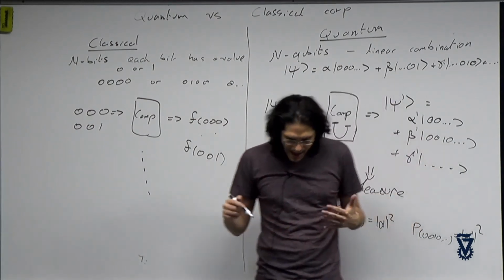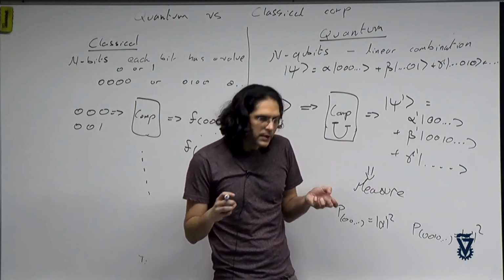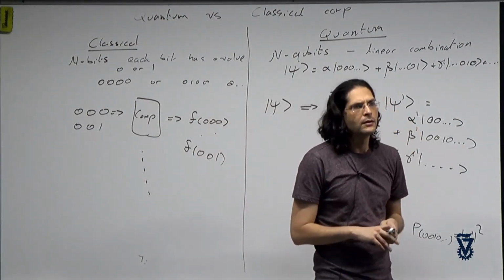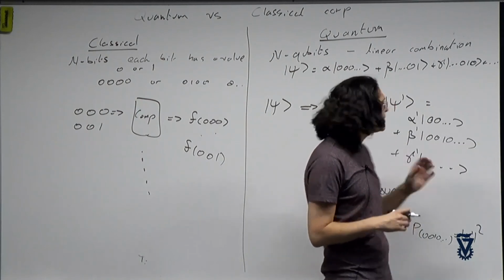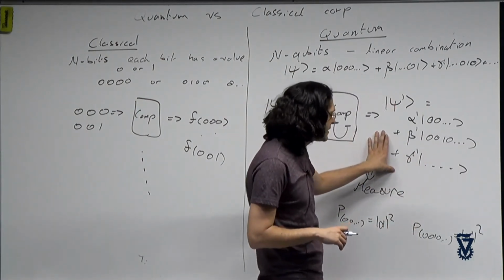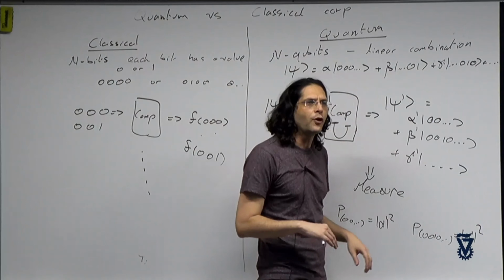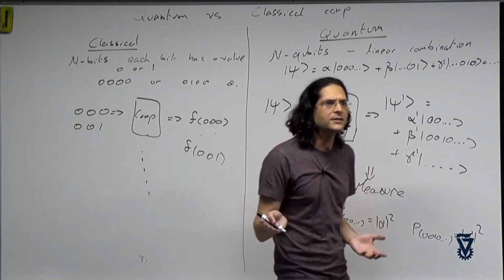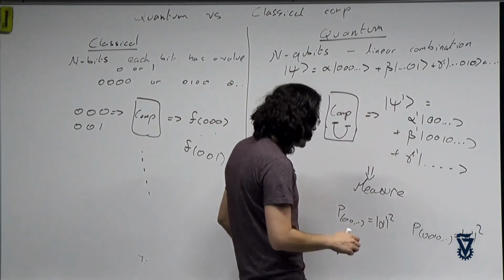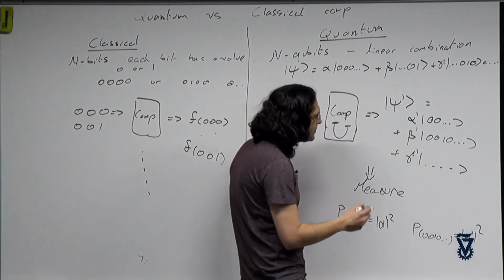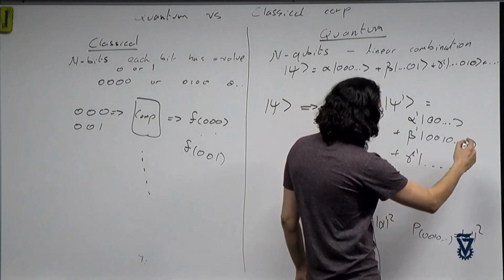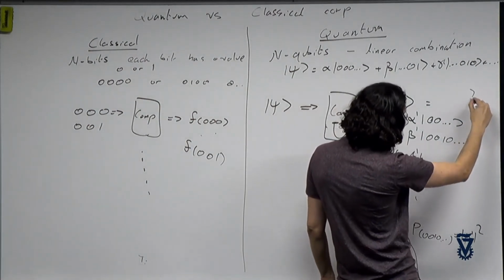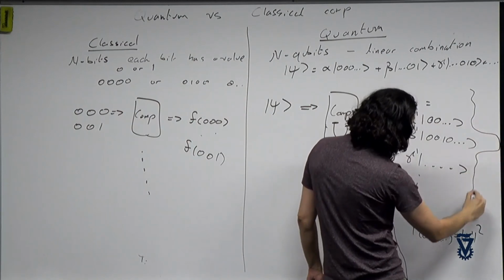They add up and they can cancel each other. Okay? And what you want in a quantum computation is to manipulate your wave function in such a way that the answer that you're looking for will come out with the highest probability. You don't know what the answer is in advance, but you want to set it up so that, let's say, these are all the results, you would have some kind of interference pattern, and your answer will have the highest probability.